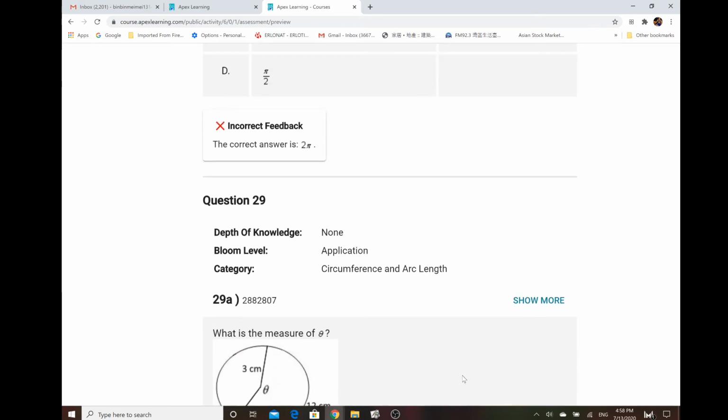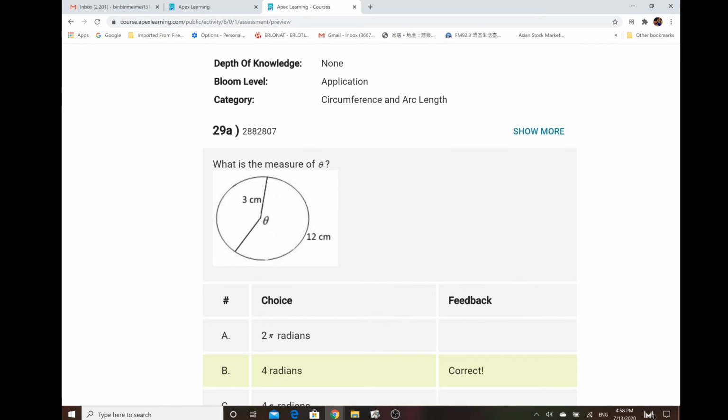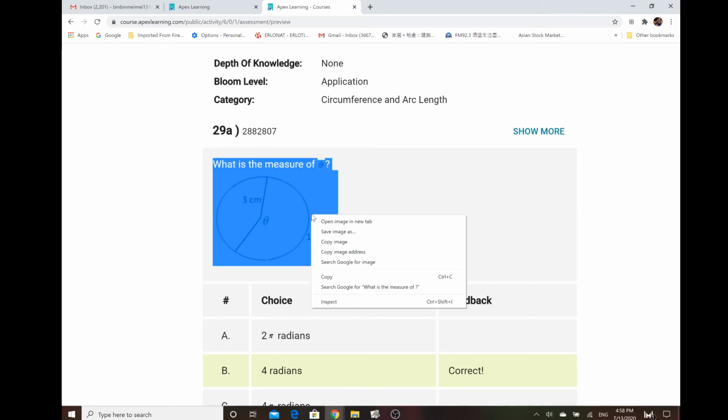Okay, so 29. What's the measure of theta? Theta would be the measure of this central angle here. This one is all about the arc length. Let me highlight this problem here. Once again, copy and paste.